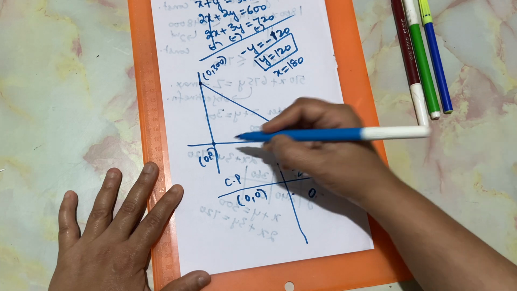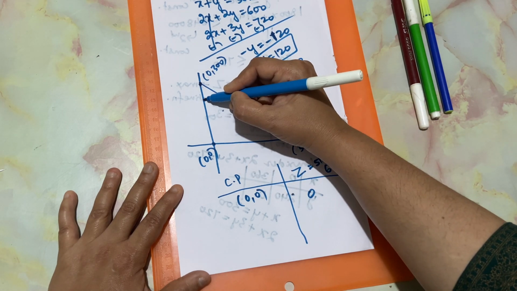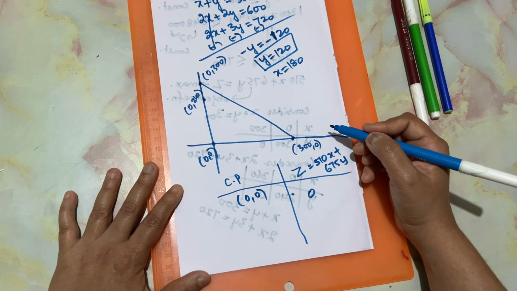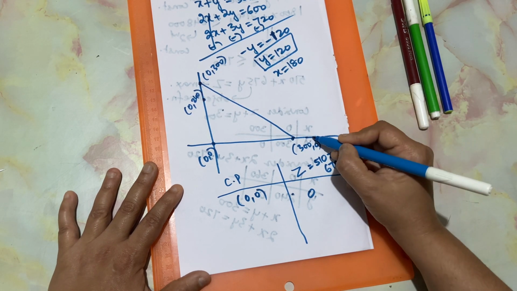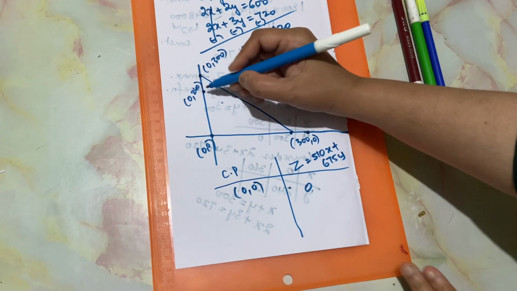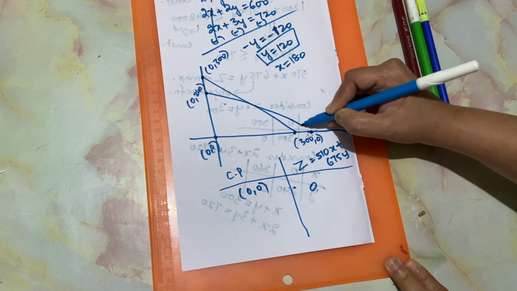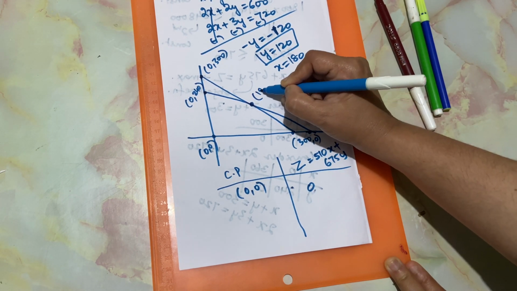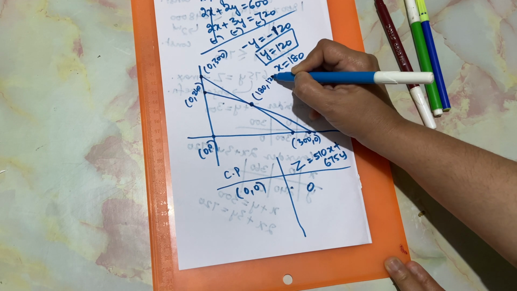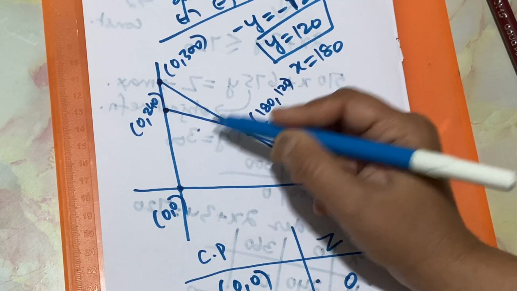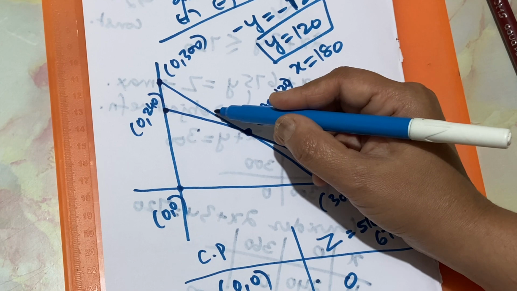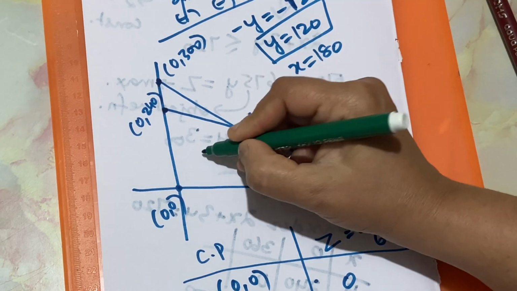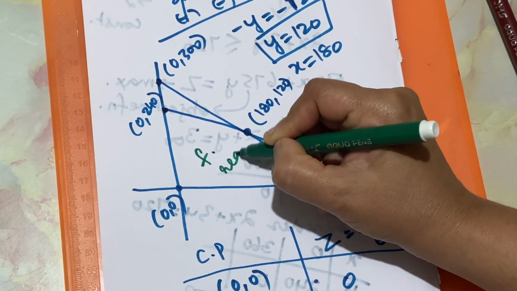Another line was 0, 240 and another point was 360, 0. So this is the point of intersection. This is 180, 120. The region that is common to both the constraints is the feasible region. That is this region, feasible region.